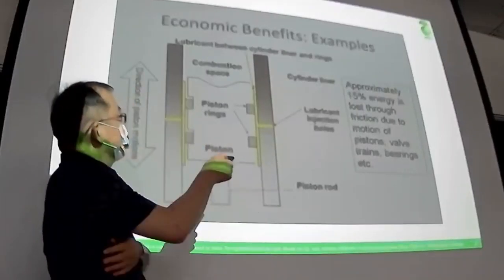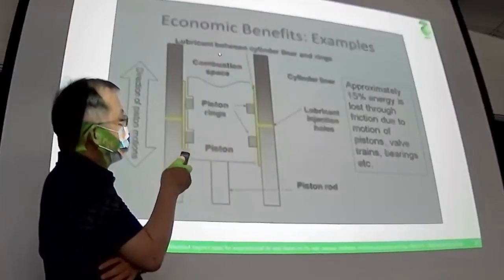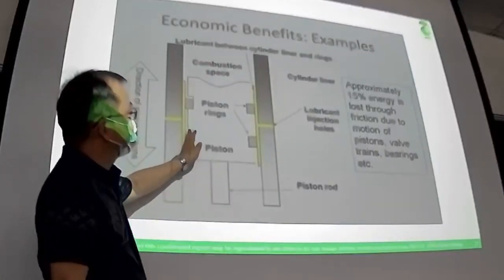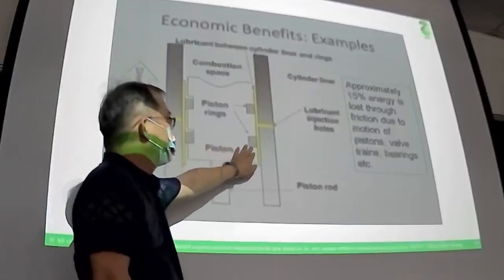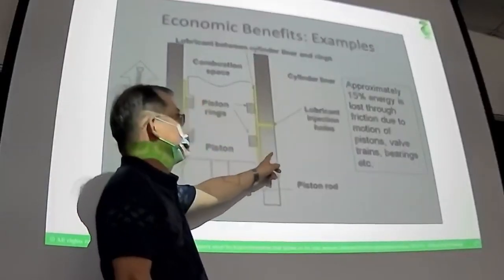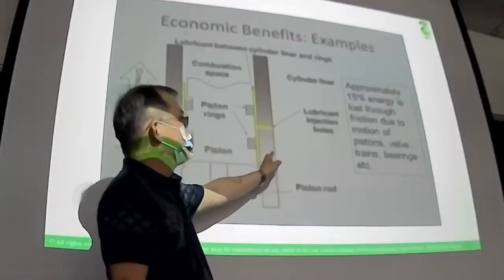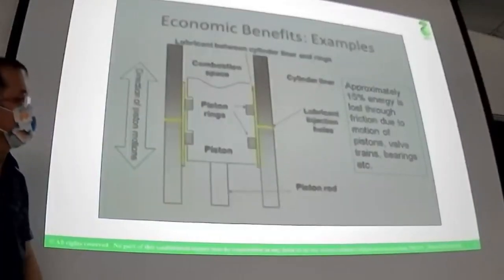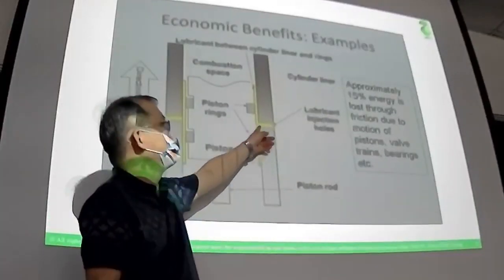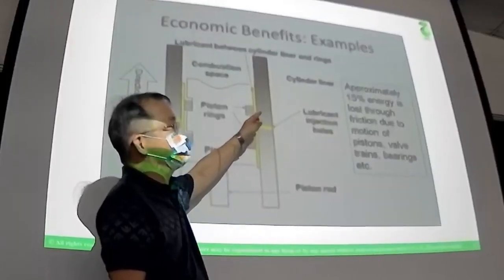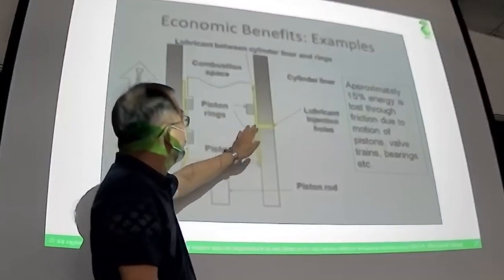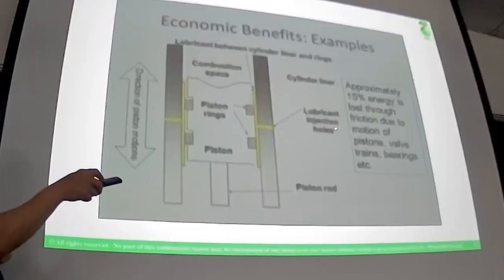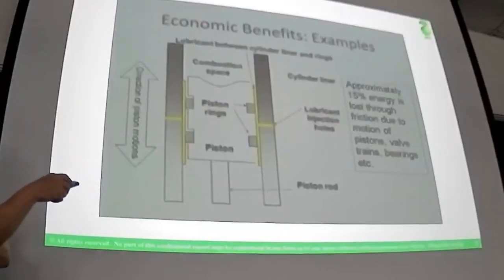You have a combustion oil and air mixture here, and the piston ring. There is some friction between the piston and the cylinder, so we need to inject lubricant oil into the inner cylinders. The yellow one is the injected lubricant in the engine.